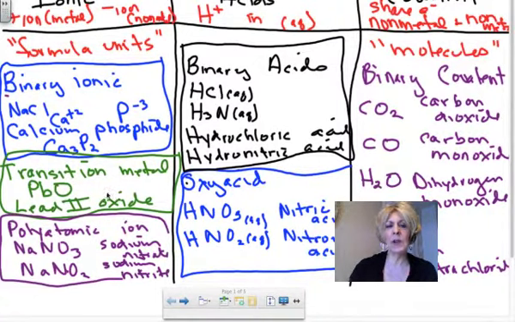We also learned about transition metals, and transition metals are those metals in the short columns of the periodic table that can form variable charges. So lead can sometimes form a +2 charge, sometimes a +4 charge. And so we have to use Roman numerals to tell us the charge of that particular ion.